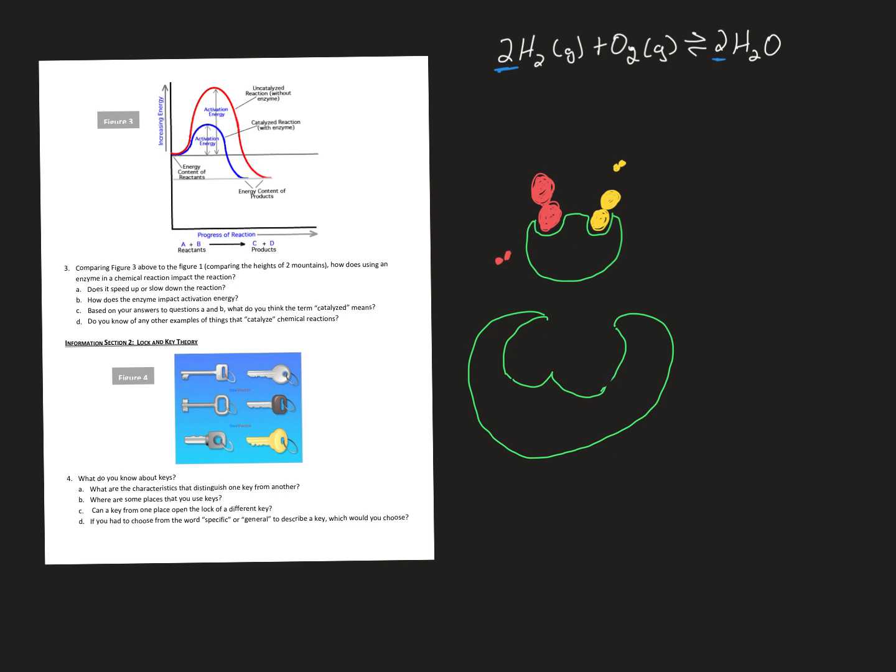In such a way, and I'm just making this up as I go here, it puts them together in such a way that one of the oxygens is able to take the two hydrogens and fly off with it.